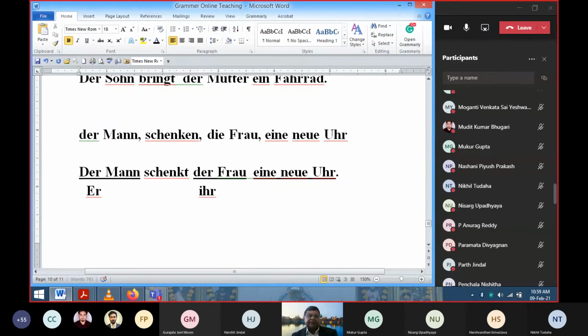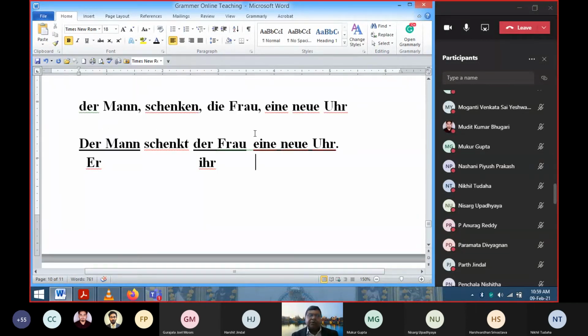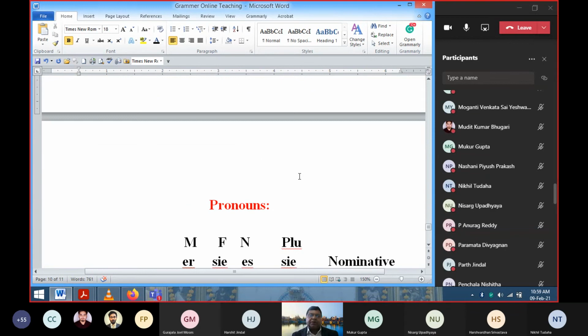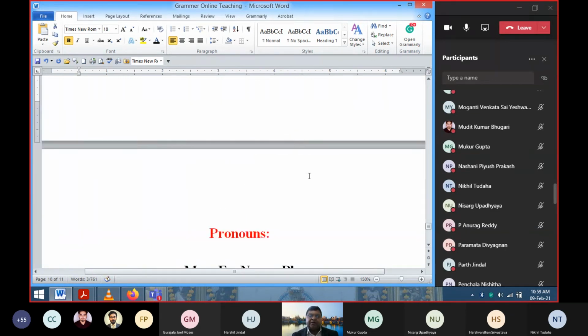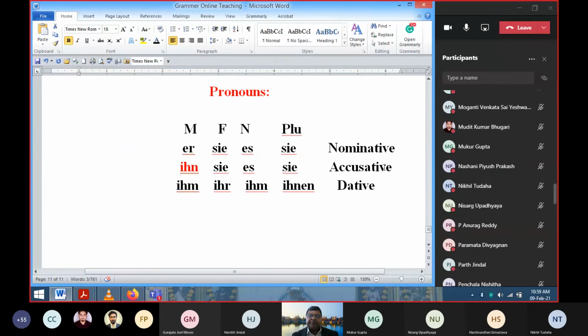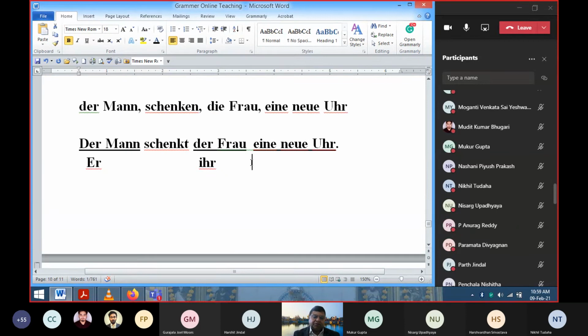And then eine neue Uhr, a watch. Watch is a feminine noun, please remember. So from this group, feminine singular you have to select, and feminine singular is sie. So you will be writing here sie. So you have replaced all the nouns by appropriate pronouns. For husband, masculine singular, so you are writing he.